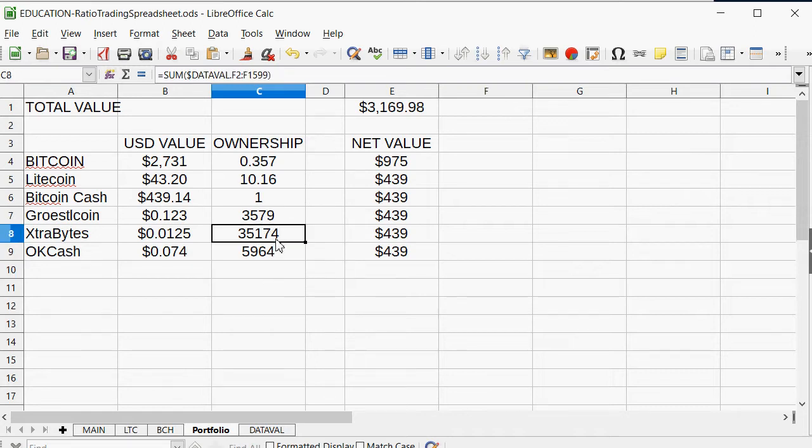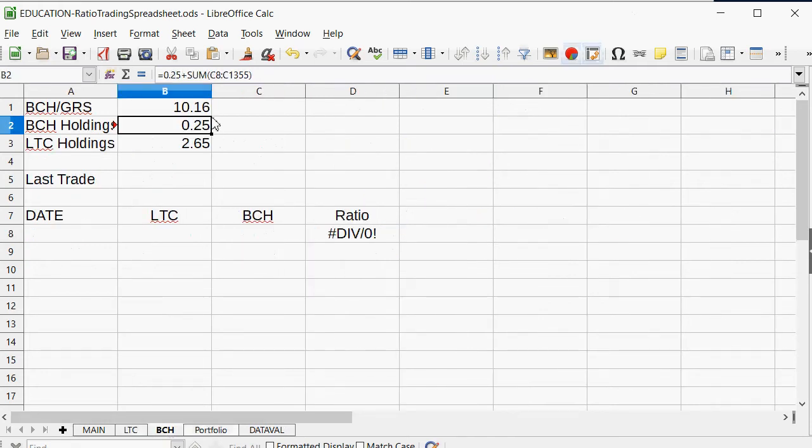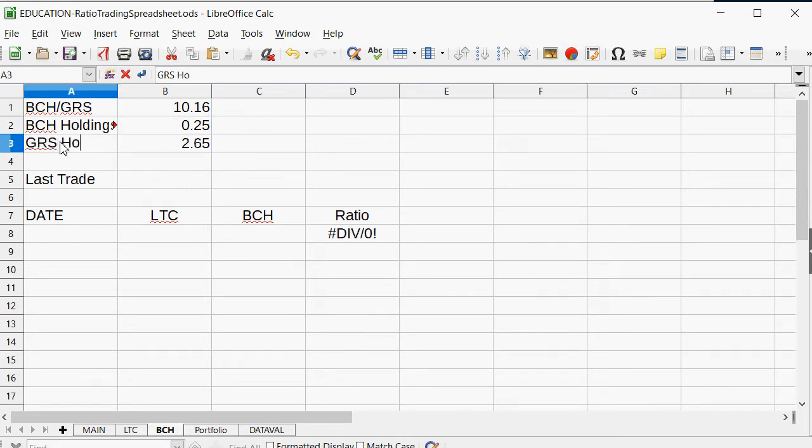Same thing with all of these. And I round it down. So therefore, GRS was 894. So I'm just going to go in here, go GRS Holdings. And I'm just going to switch this number up to 894.